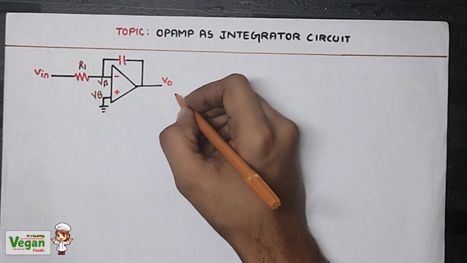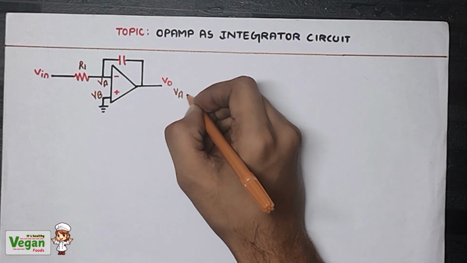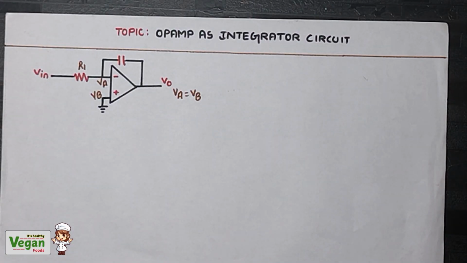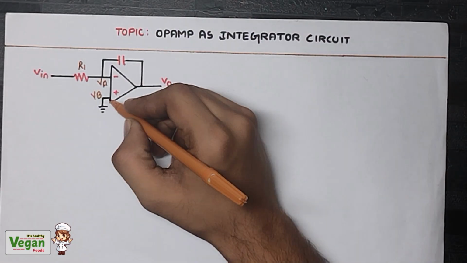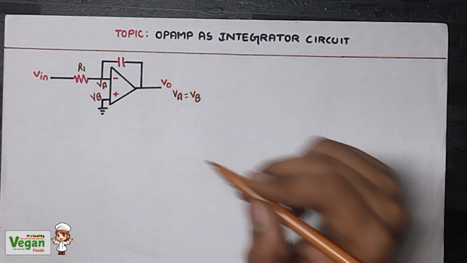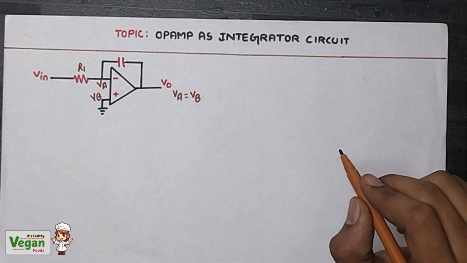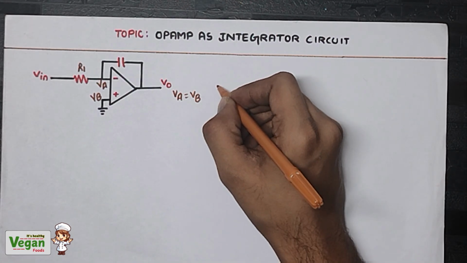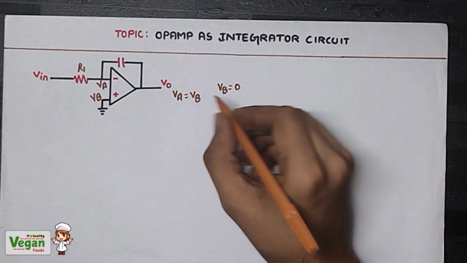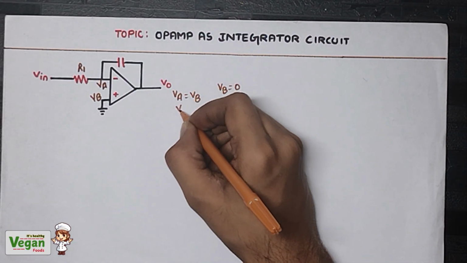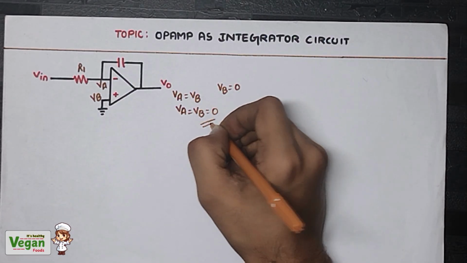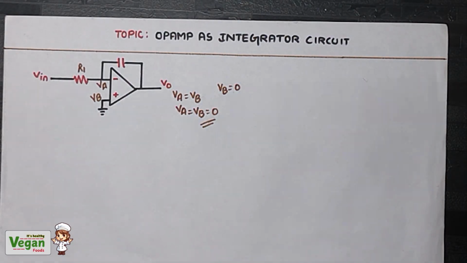We also know that the voltage difference between the positive terminal and the negative terminal will be equal to 0. Since the positive terminal VB is grounded, the value of VB will be equal to 0. Since VA equals VB, VA equals VB equals 0. So both their values will be equal to 0.